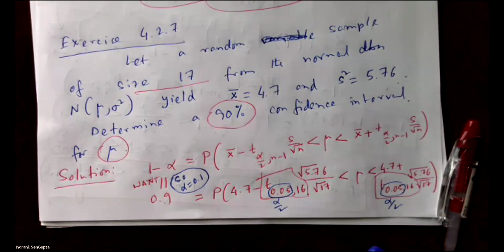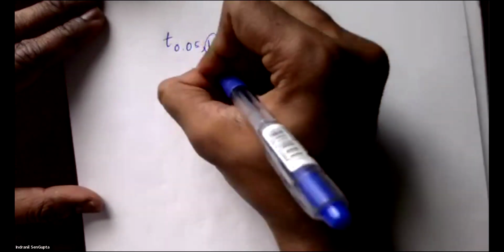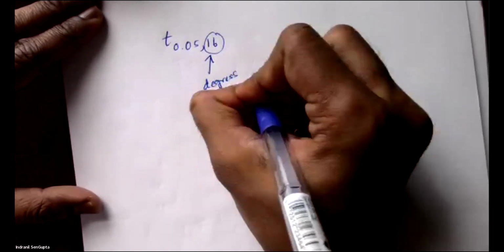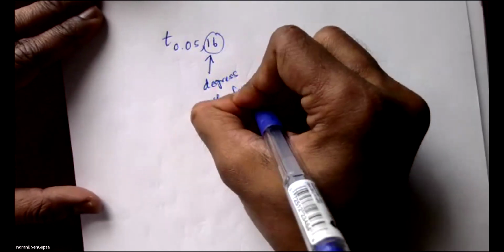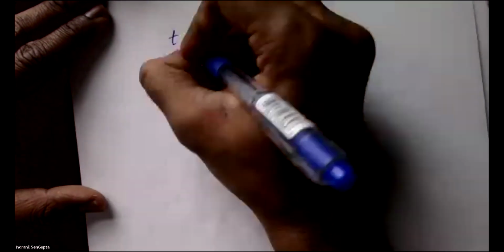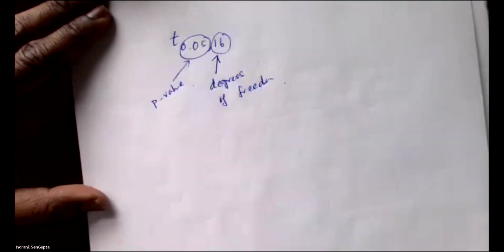You see that we are trying to compute t of 0.05, 16. So in this case, this is my degrees of freedom, and this one is the p-value.